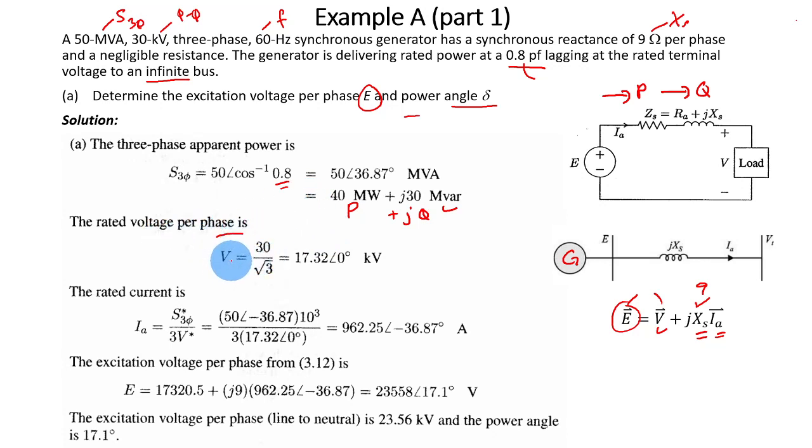Then you need to find the rated per phase voltage. Remember, the phase voltage is the phase-to-phase voltage divided by square root of 3. If you divide that, you have 17.32 kV at the angle of 0.